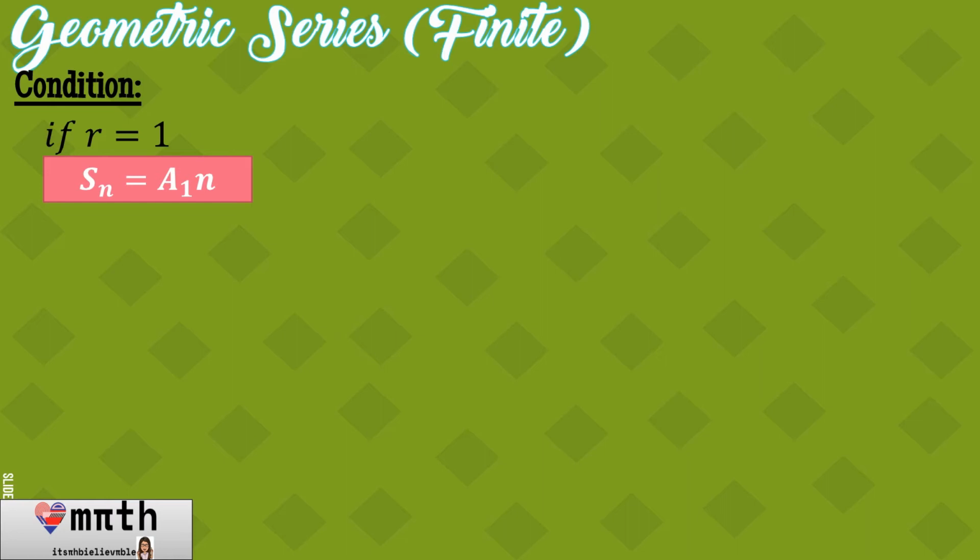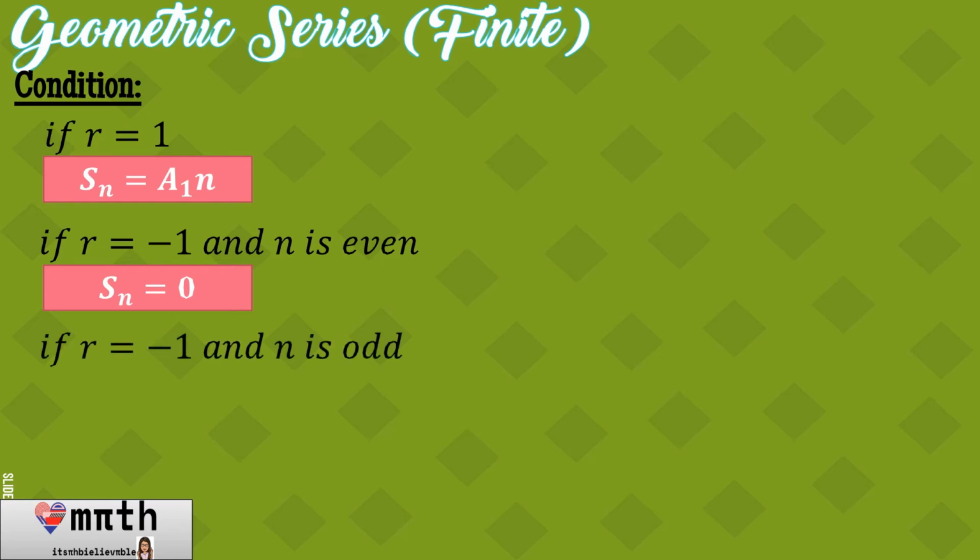For condition number 3, your r will be equal to negative 1 and your n is even. So you're going to use the formula S sub n is equal to 0. For the last condition, if the value of your r is negative 1 and your n is odd, you're going to use the formula S sub n is equal to A sub 1.